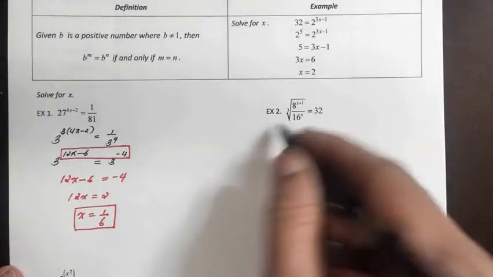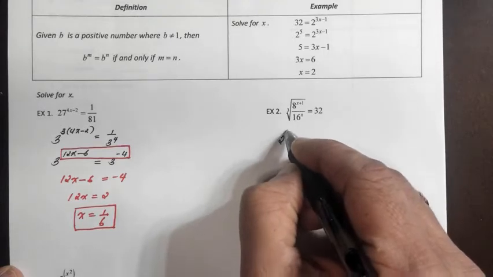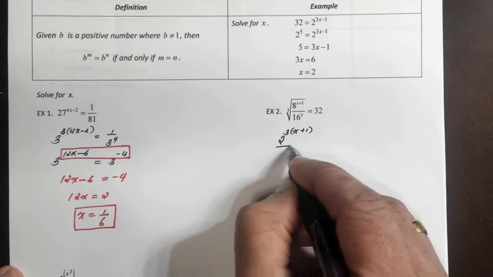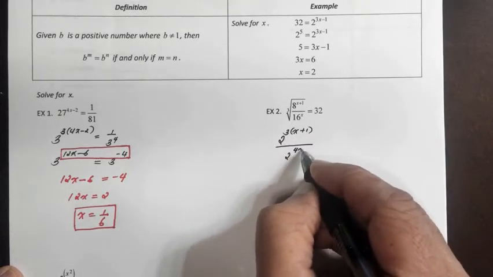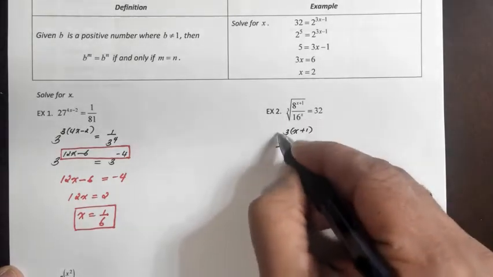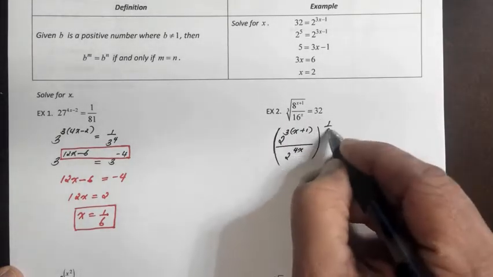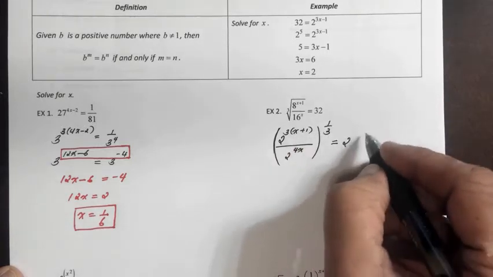So we can rewrite it as 2 to the power of 3, then x plus 1, divided by 16, which is 2 to the 4th power, so 4x. Since it is a cube root, it is to the power of 1/3, and it is 2 to the power of 5.